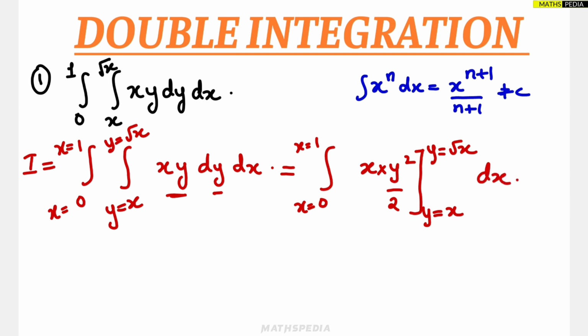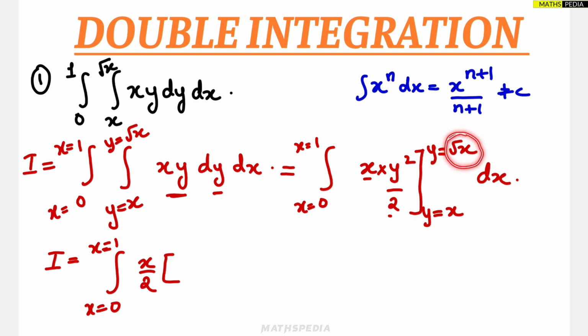Now apply the limit. x by 2 is constant, that you can take it outside. So it will become integration of x equal to 0 to x equal to 1, and x by 2 is outside. Don't keep it outside of this one, okay? It is just outside of the inner limit. Then the upper limit minus lower limit I'll apply.